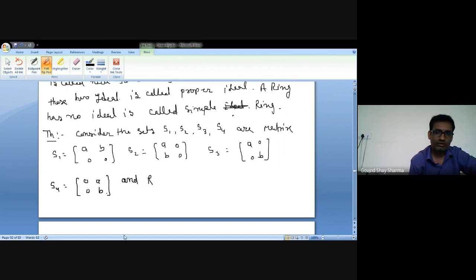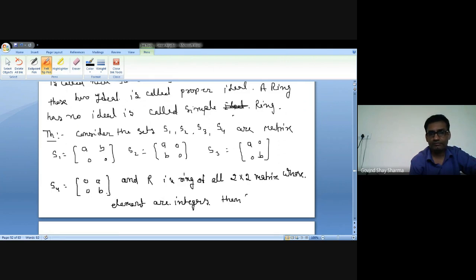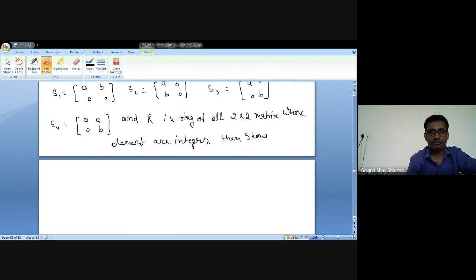And R is a ring of matrices. Then, number one, S1 and S4 are right ideals but not left ideals.